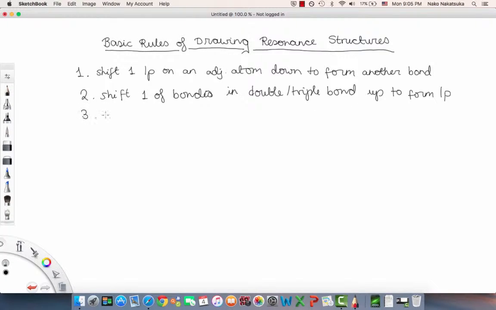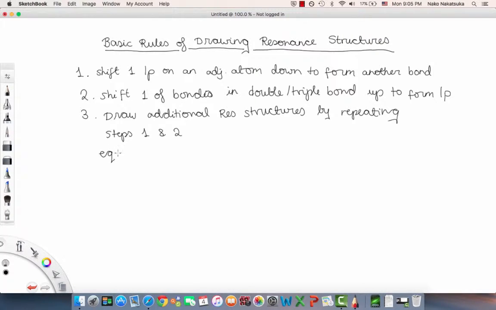And then 3, draw additional resonance structures by repeating steps 1 and 2 for each adjacent atom with a lone pair. So every atom that has a lone pair can be arrow pushed to form another bond.